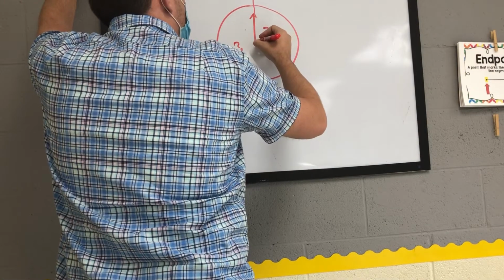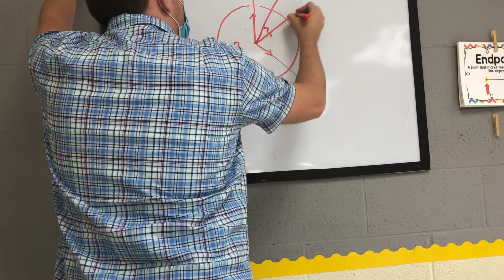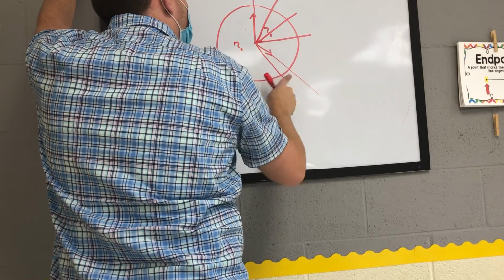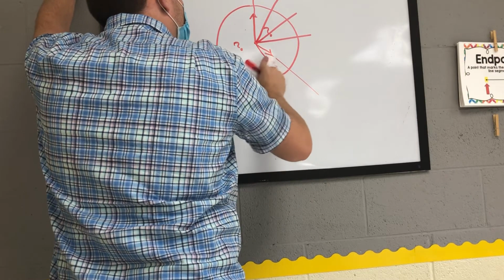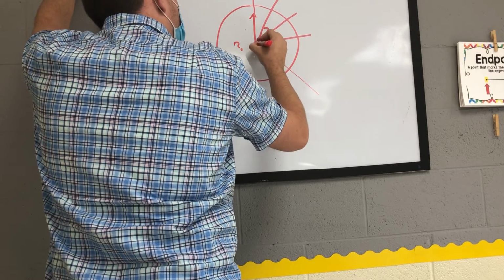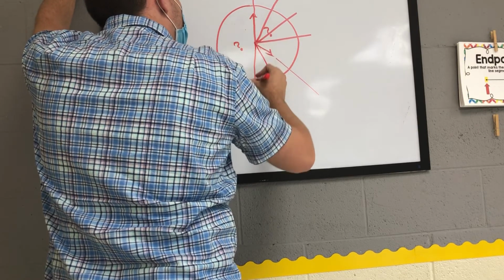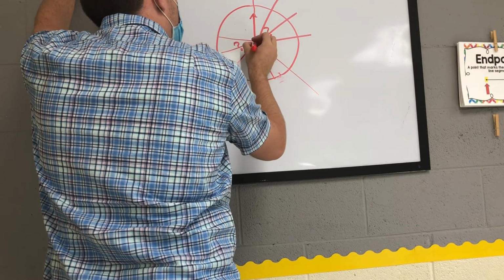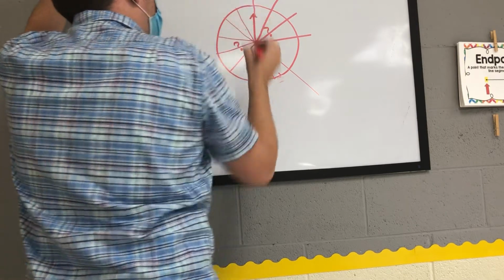So it's 1, 2, 3, 4. 5, 6, 7, 8, 9, 10, 11, 12.